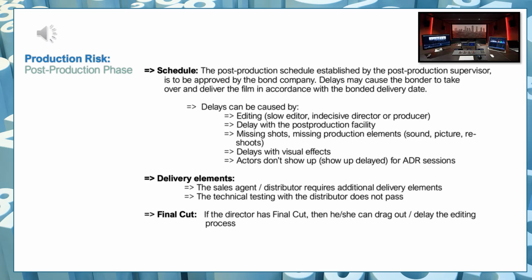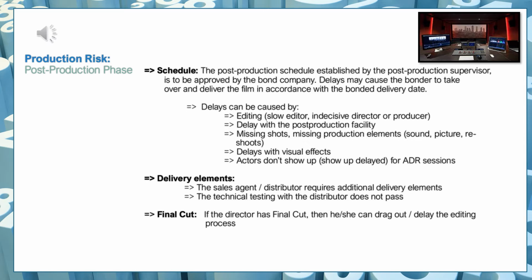It could also be that the technical acceptance is taking longer. So we're sending the movie to the distributor, who does their technical testing to make sure it matches their technical specifications, and then they come back and say, well, this doesn't work, that doesn't work, so we then have to fix it. And if it takes too long to fix, or if there is too much to fix, this can also delay the post-production schedule.